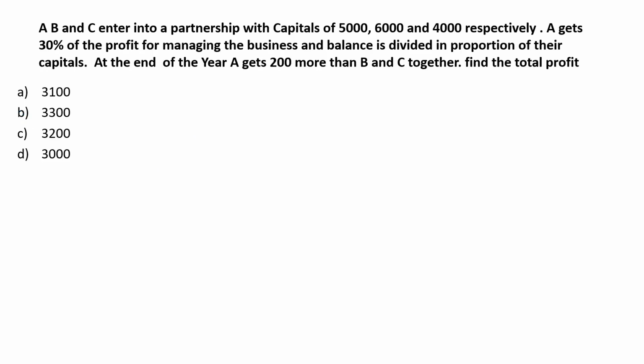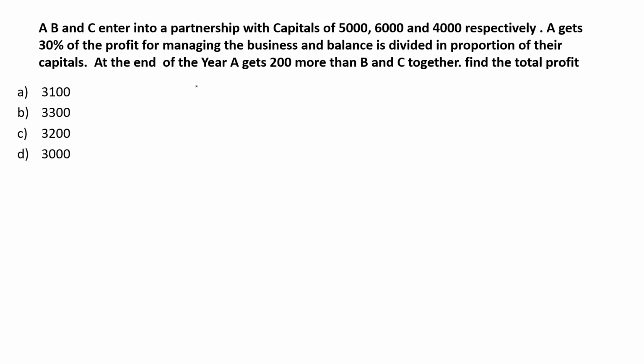A, B and C enter into a partnership with capitals of 5,000, 6,000 and 4,000 respectively. A gets 30% of the profit for managing the business and the balance is divided in the proportion of their capitals. At the end of the year, A gets 200 more than B and C together. Find the total profit.